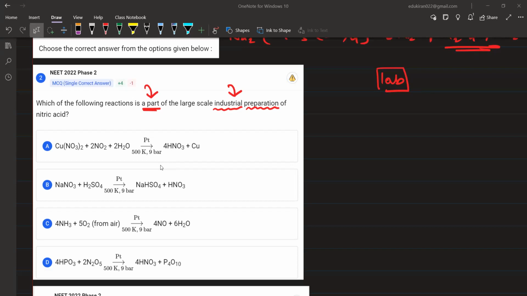Which of the following has a very cheap reactant? Yes, Sanya, correct. No, Samaira.